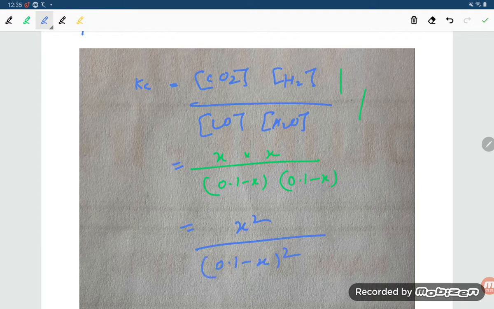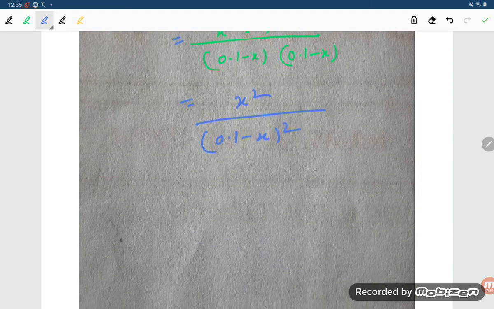This is equal to Kc. The Kc value given is 4.24, equal to X squared divided by (0.1 minus X) squared.